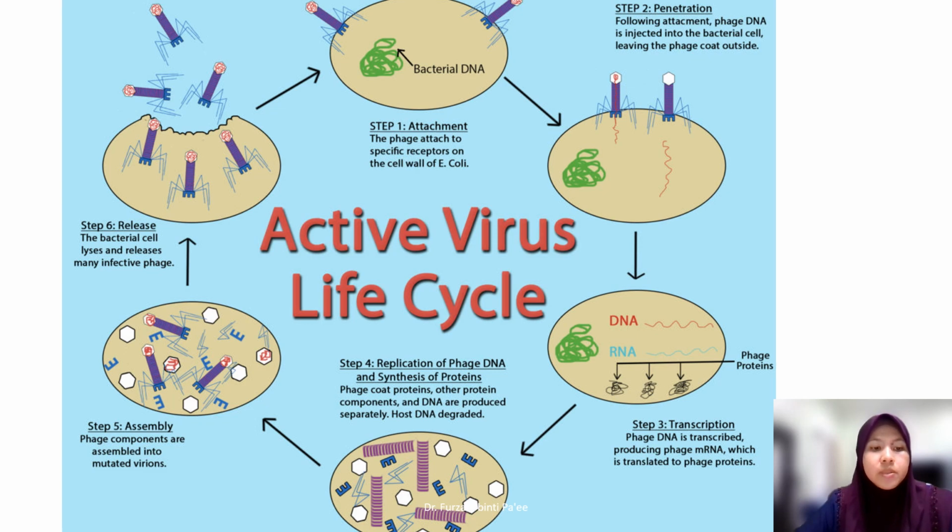The viral genome is copied and its genes are expressed to make viral proteins. The fourth one is assembly. New viral particles are assembled from the genome copies and the viral proteins. And the last one, the fifth step, is the release. The completed viral particles exit the cell and can infect other cells.